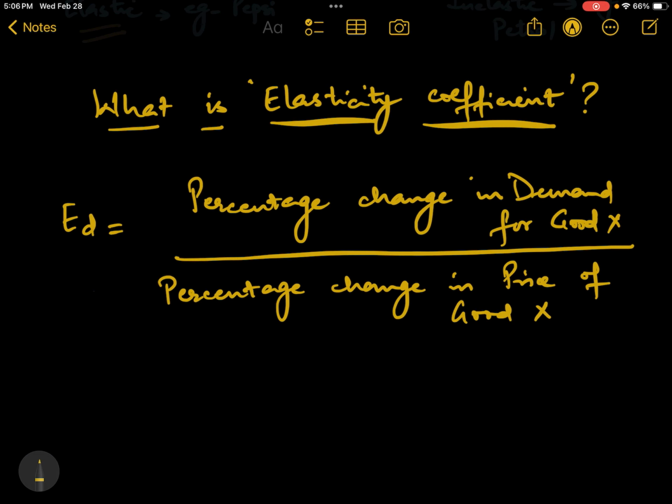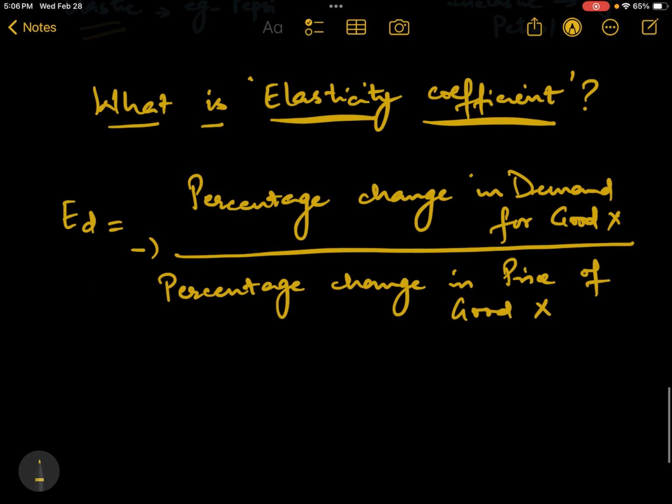It is usually represented with a minus sign because we are showing the inverse relationship between price and quantity demanded.